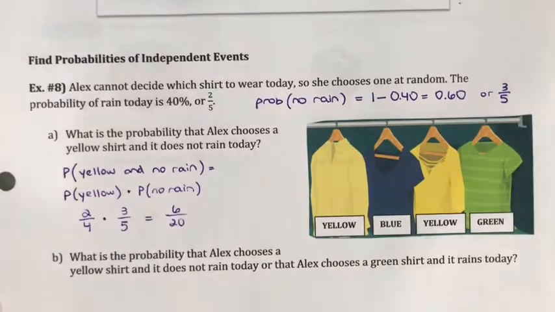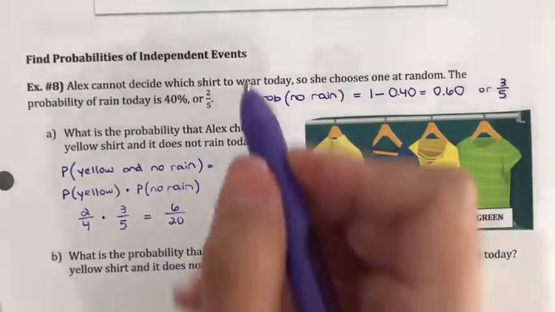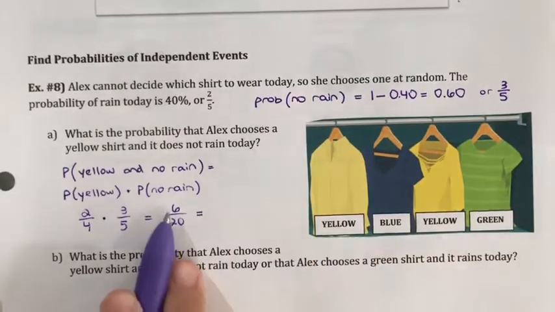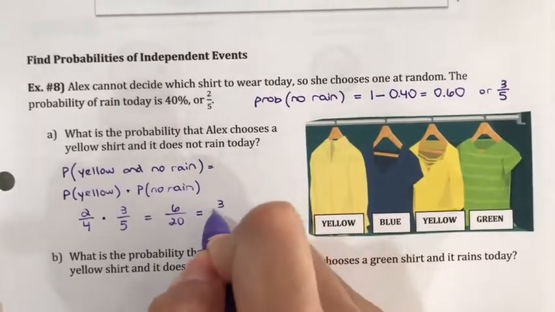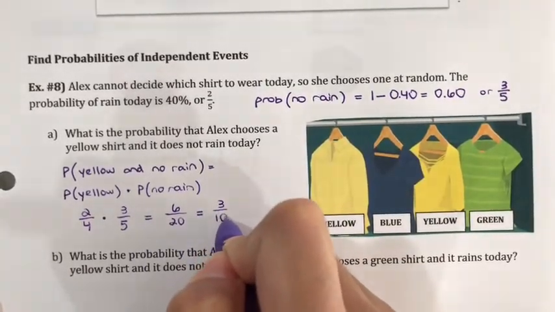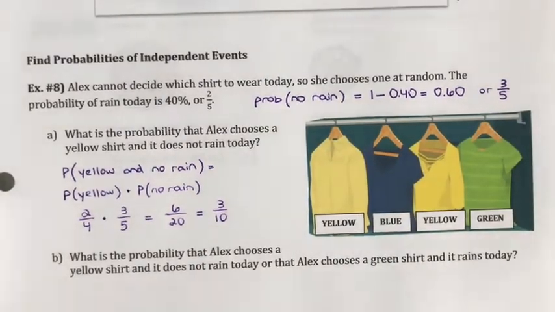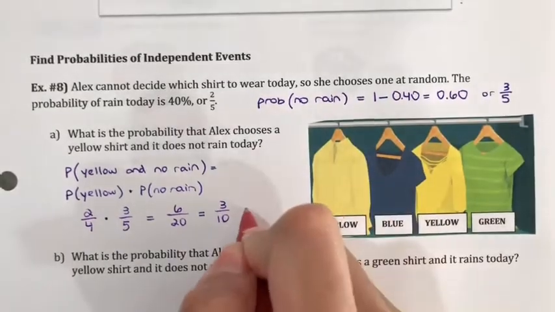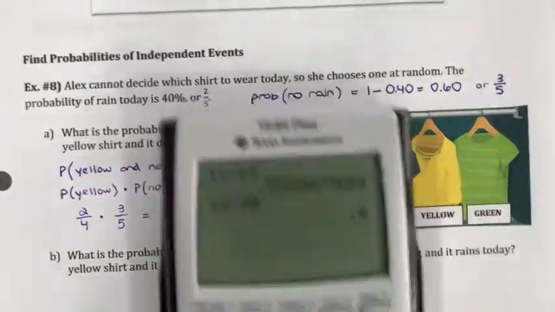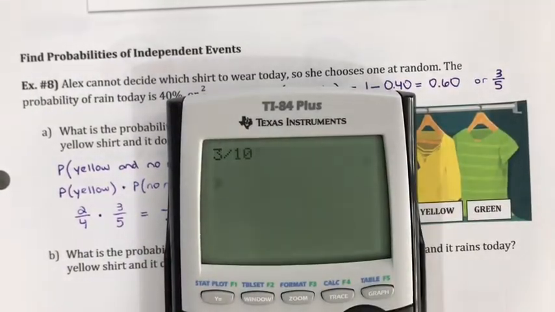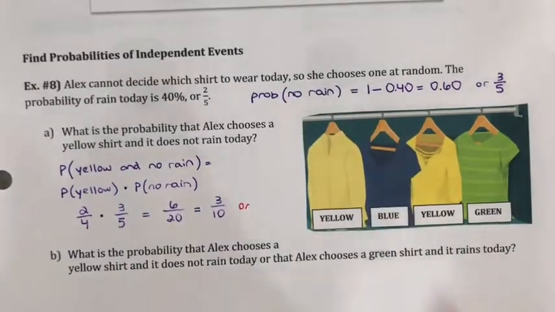So we get 6 out of 20. If I wanted to reduce this, I'm going to divide each number in half. So we've got 3/10. I'd be okay with you writing it as 3/10, or if you want the decimal, it's 30%.